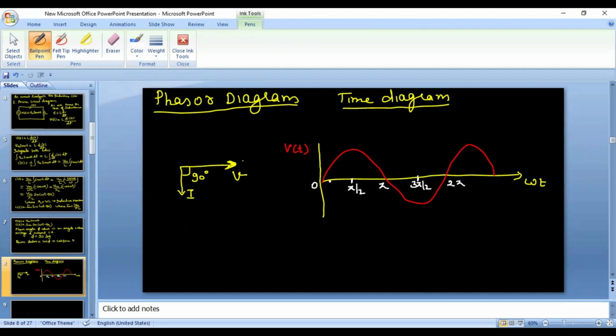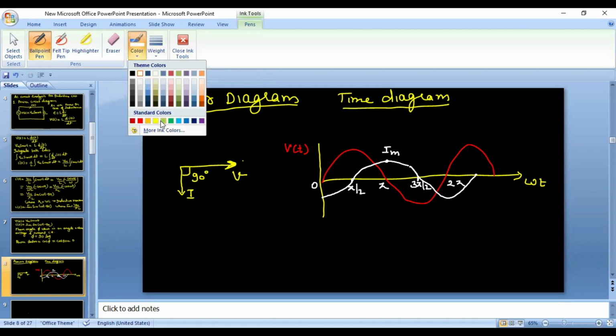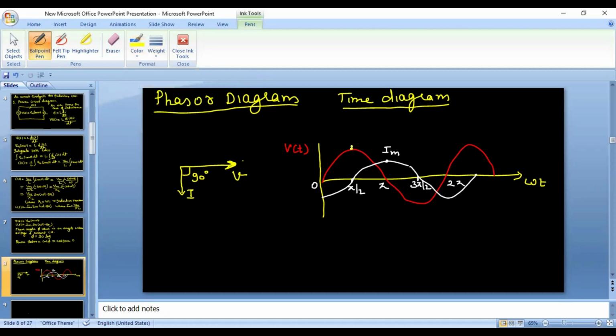It means if the voltage is starting from 0, the current will lag by 90 degrees, which means the current will start its value at 90 degrees. The white waveform is showing the current. If the voltage peak value is Vm, the current peak value will be Im.